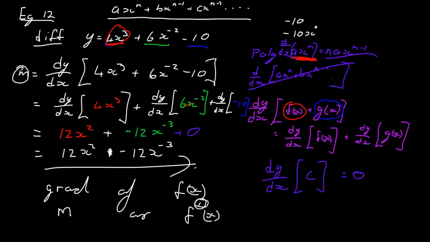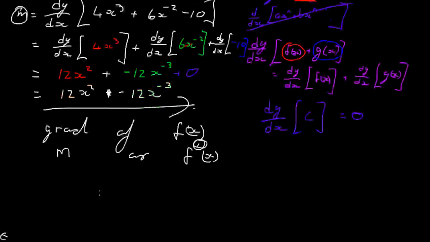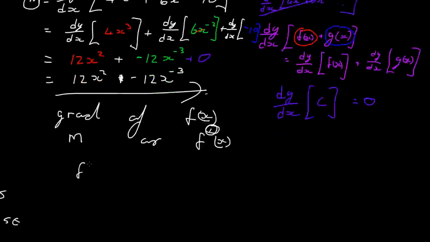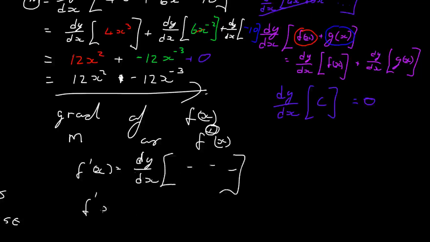That's what that prime means. So we can also say f prime of x equals dy by dx of blah blah blah. And once we've derived everything, we're going to have f prime of x equals 12x squared minus 12x to the minus 3.